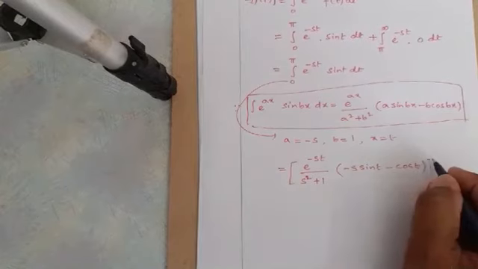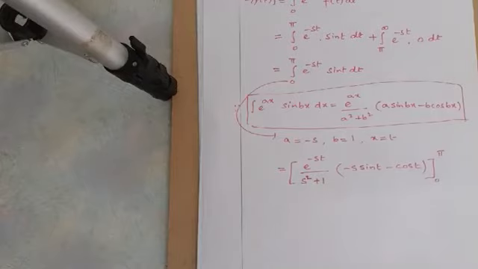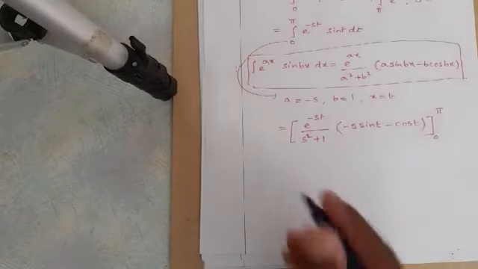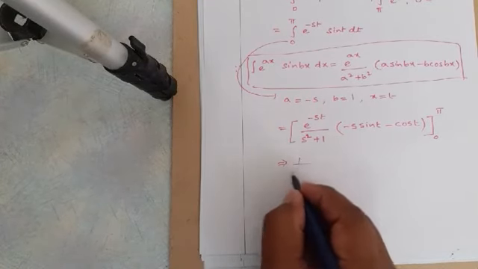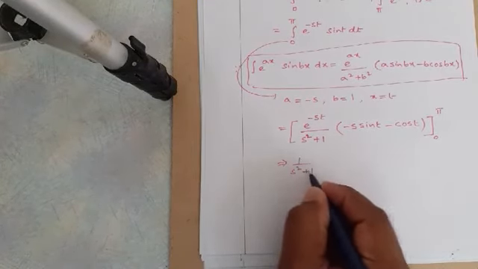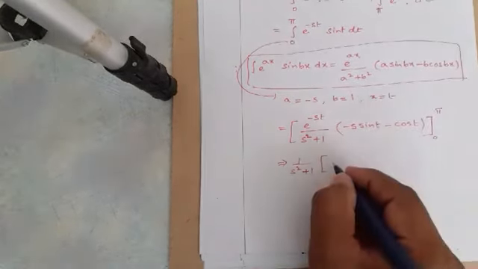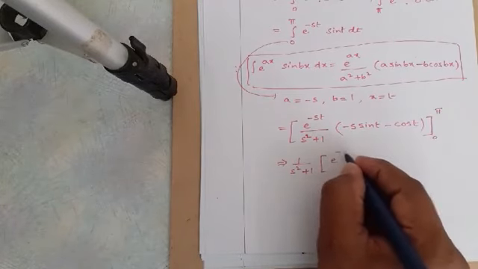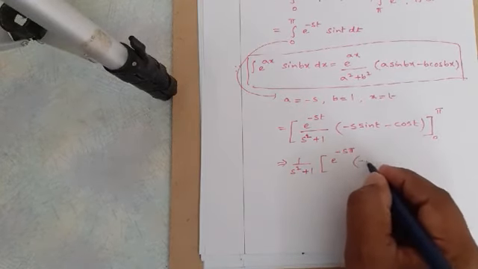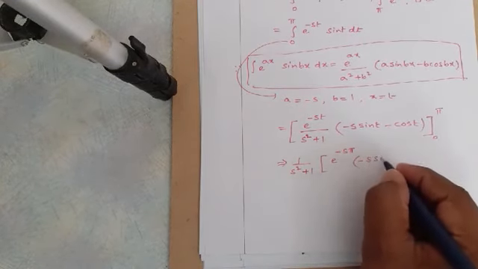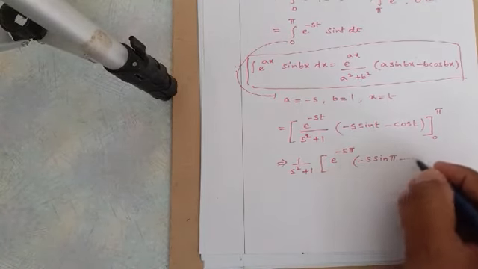Now after writing in the formula, we apply the limits. What are the limits here? 0 to pi. So taking 1 by s square plus 1 common, and putting pi for t, this becomes e power minus s pi, in bracket minus s sin pi, then minus cos pi.